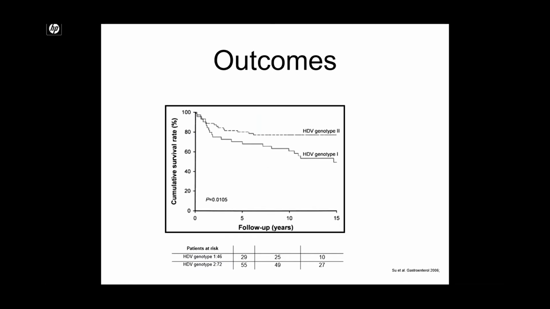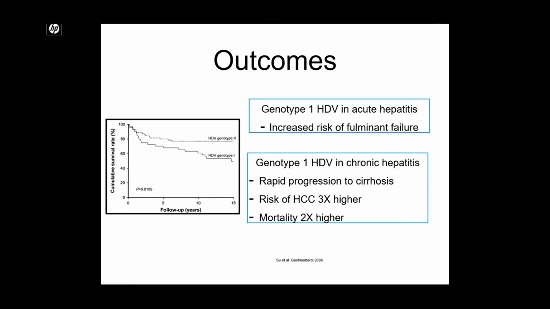So once we have seen this pooled prevalence of 8%, which is significant, and also the genotype distribution, we have seen that genotype 1 is ubiquitous. So how is the severity or progression in genotype 1 versus genotype 2? This study has shown that genotype 1 individuals have a lower cumulative survival compared to genotype 2, and this has been seen in both acute hepatitis and chronic hepatitis.